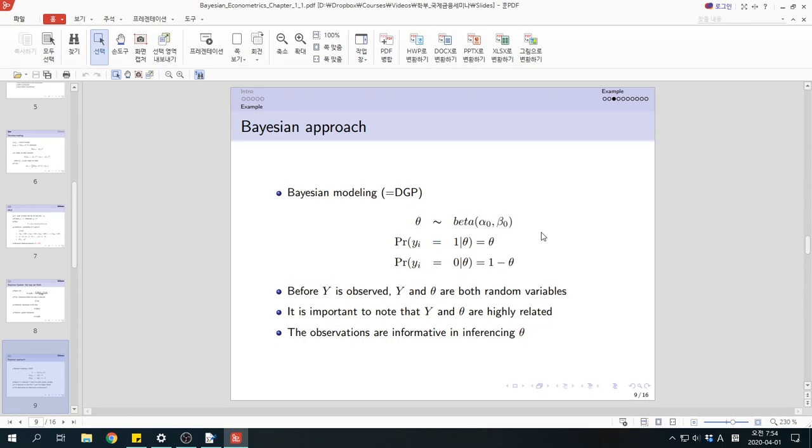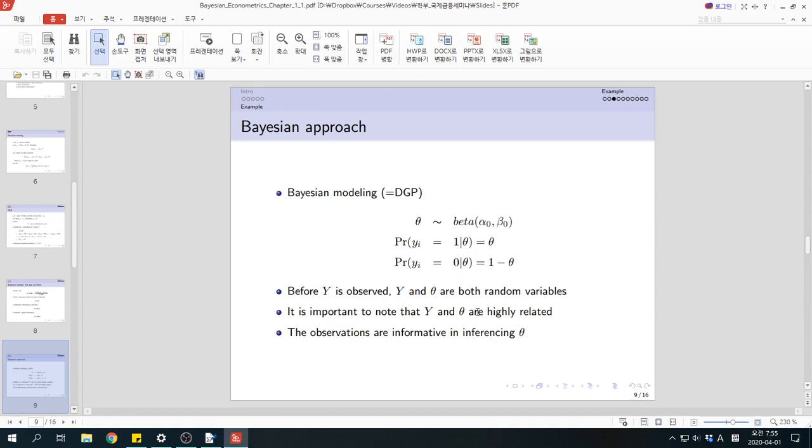Another important point is that y and theta are very highly related. If theta is high, then the probability of 1 must be very high. So theta and y are both random variables, and they are highly related. By chance, we can observe the realizations of y.